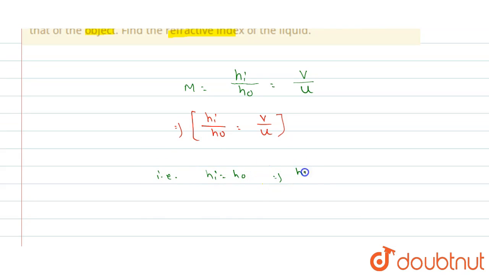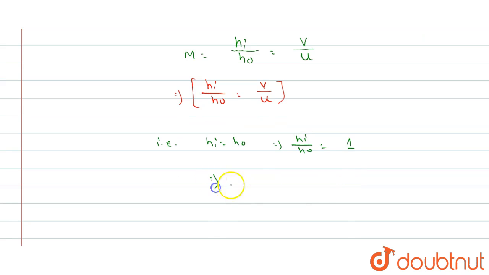That implies HI divided by HO is equal to 1. That implies we can also write that the image distance is equal to the object distance.